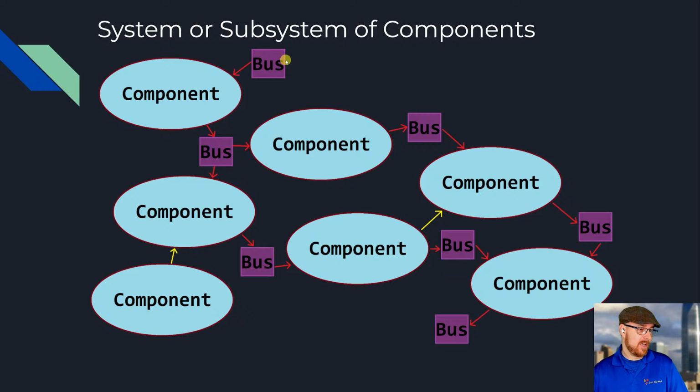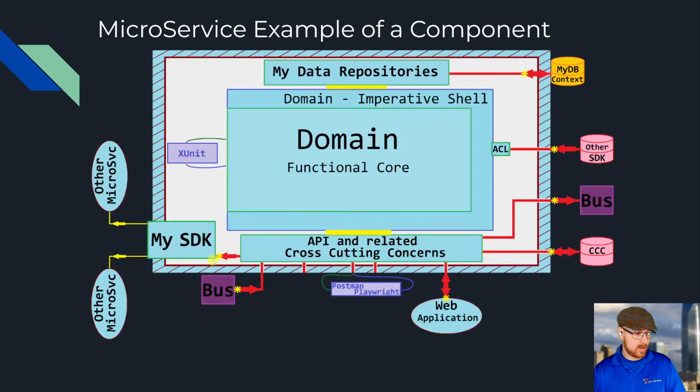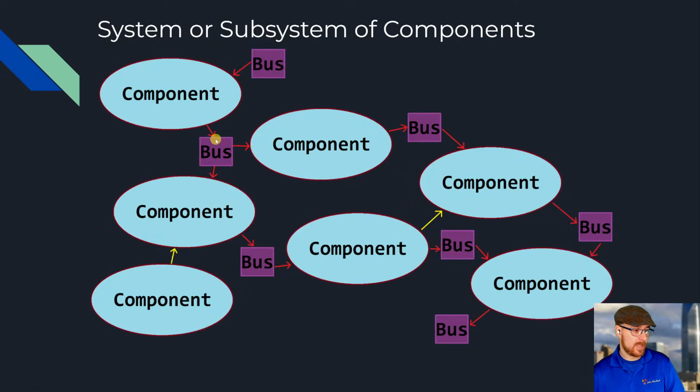So the bus sends something to the component, which does some sort of updates with its own context, its own database, and then that sends something to a bus. Two things subscribe to that. This one with the yellow arrow is like that SDK call from before. So this component gets something from the bus, it pulls something from this other component over here, and eventually it goes through all these things and ends with another bus call.